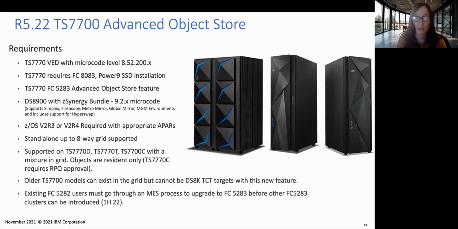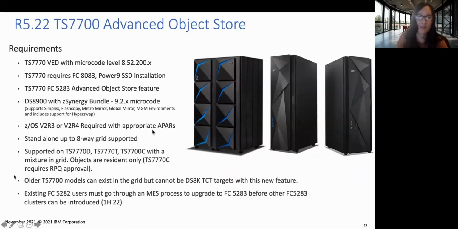In fact, after this release, we will no longer provide sales for 5282. It'll all be 5283. So we want to move all those customers to this new feature and only support the one. And that migration will be coming out in the first half of next year.